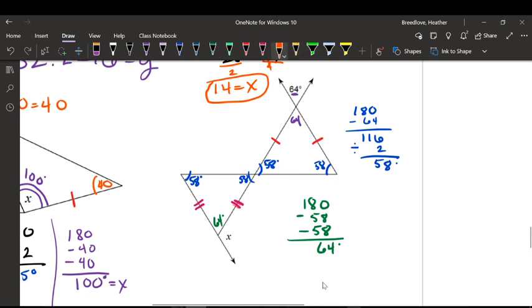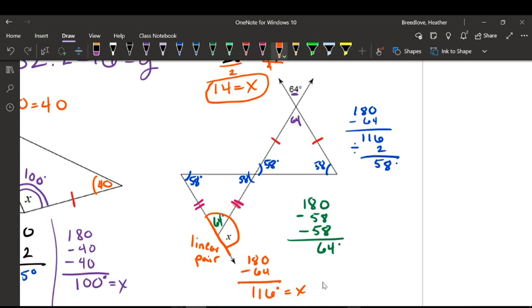And a linear pair is, they add up to make a straight line, right? Or you could look at the exterior angles theorem. But the linear pair is 180 minus 64, and that's 116. So that's x, 116. I know, very complicated problem.